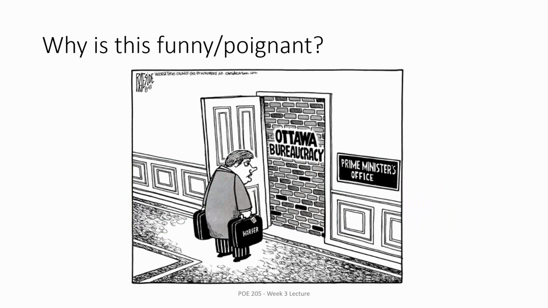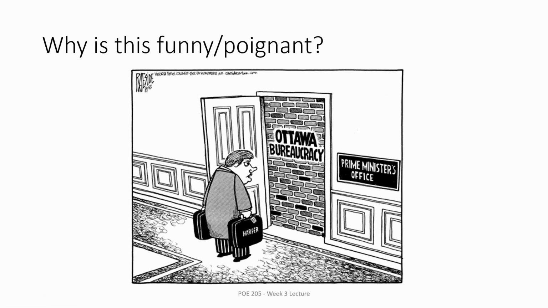So based on what we just discussed, why would this comic be funny and or poignant? Let's have a think. So we see, looks like Stephen Harper is coming to his office, and he's hit up against a brick wall, the Ottawa bureaucracy.